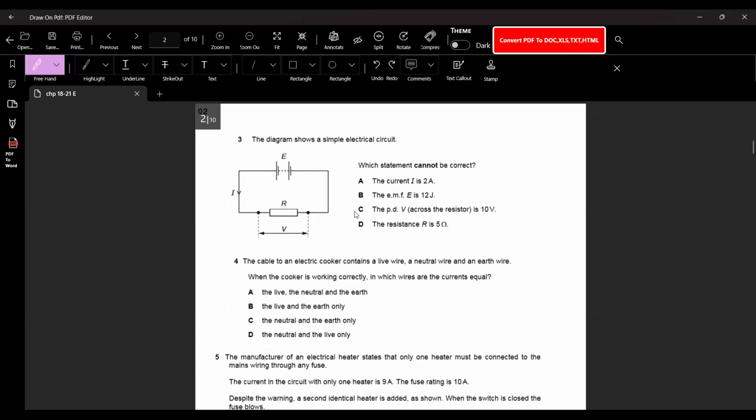Now they have given us a diagram that shows a simple electrical circuit. Which statement cannot be correct? The current is 2 ampere. No, it's just an ampere. Sorry, we have not given any data: E, V, and I. The EMF is 12 joules.